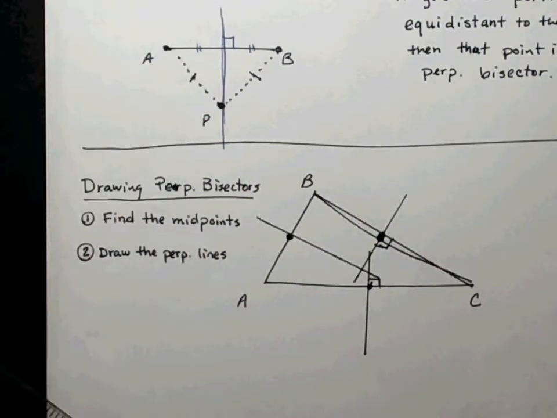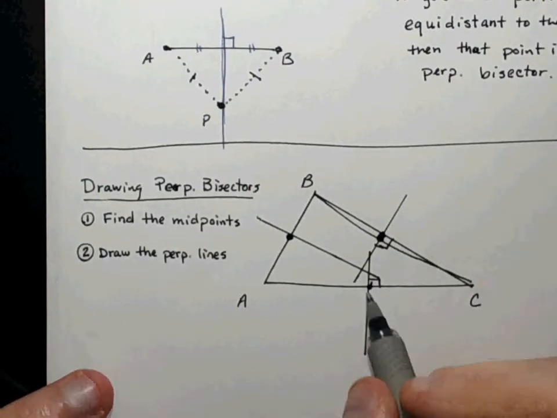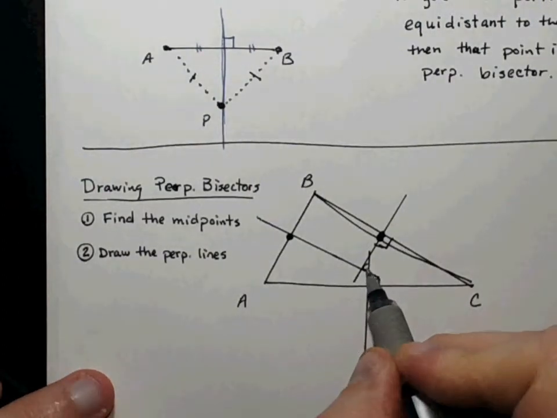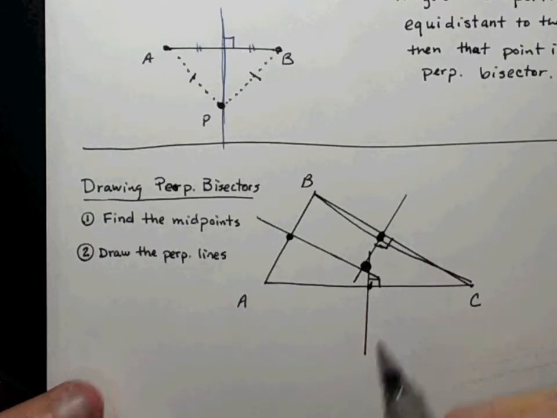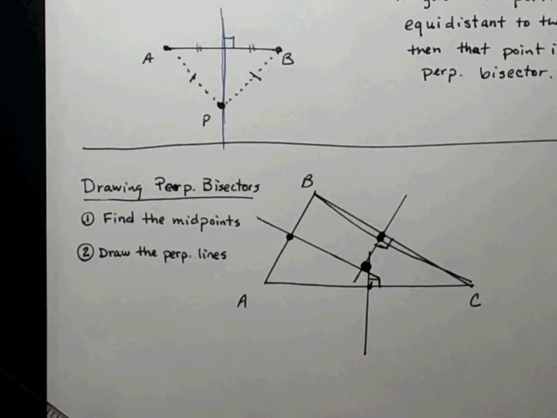Now mine is obviously not perfect. If you did yours better than mine, you would notice that the three perpendicular bisectors intersect at one point. It should look something more like that.